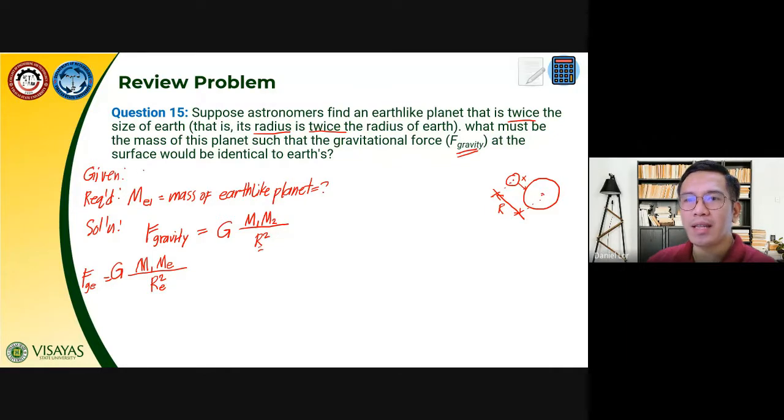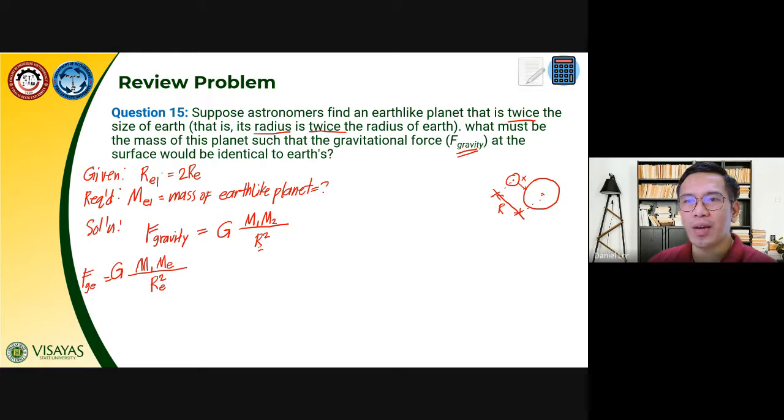However, given that the radius of the Earth-like planet, or radius EL, is equal to twice the radius of the planet Earth.